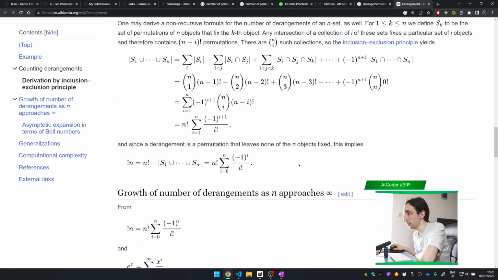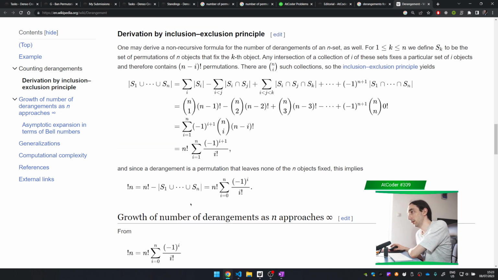We define the derangement as all of the permutations minus those that fix objects.